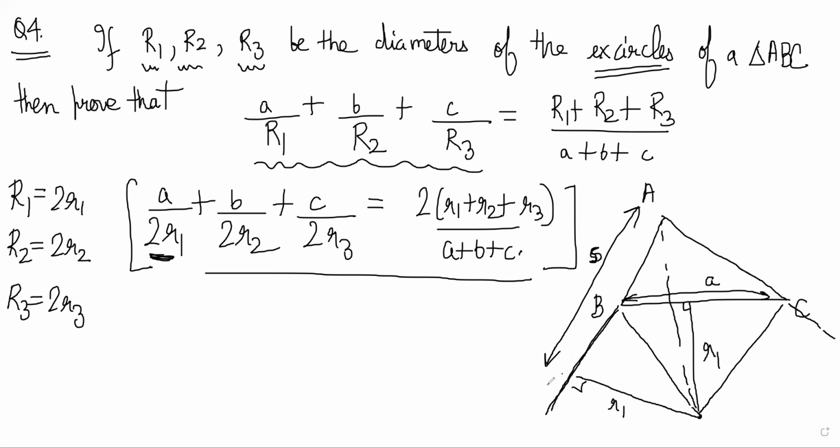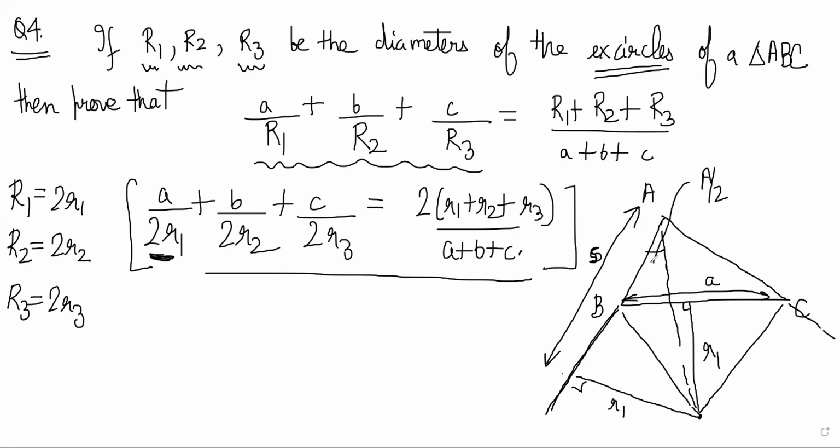A to this point. Yes, sir. We have proved that earlier, if you remember. Yes, sir. This angle is A by 2. We have r1 by s is equal to tan A by 2, or r1 is equal to s tan A by 2.